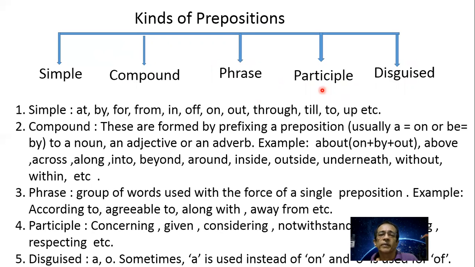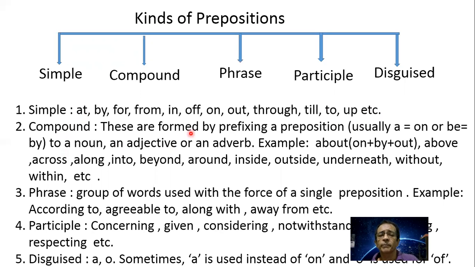These are sometimes omitted, but here I have shown it for your knowledge. Simple: at, by, for, from, in, off, on, out, through, till, to, up, etc. Monosyllabic words. Then compound preposition.